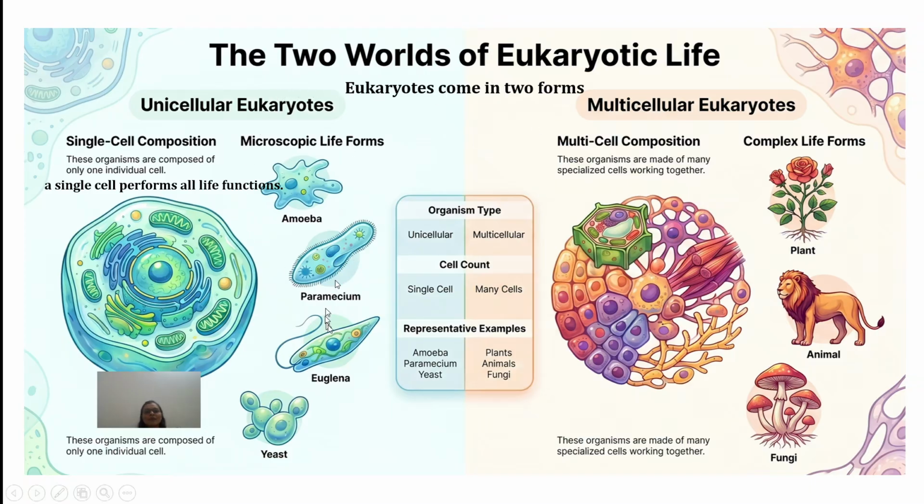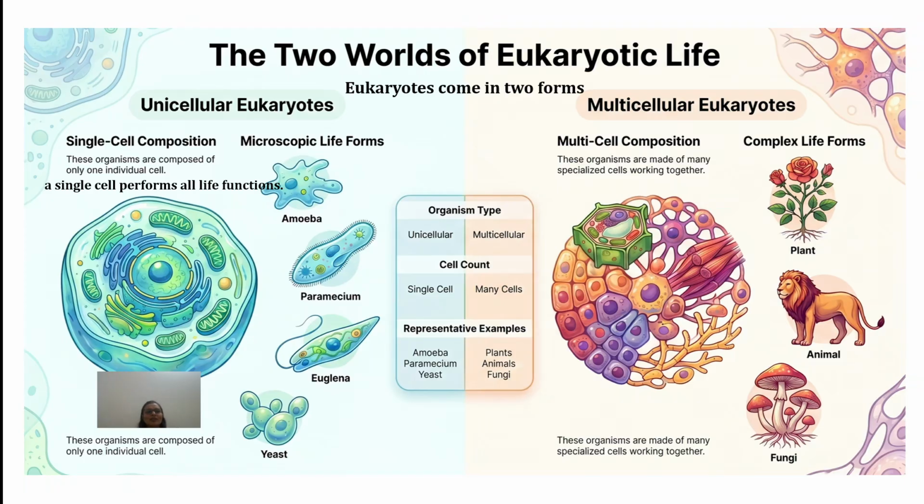So in this image, there are two types of organisms included in eukaryotic life: unicellular organisms as well as multicellular eukaryotes. In unicellular eukaryotes, a single cell performs all the life tasks. Uni means only one cell is present. You can say the body itself is one cell, and all tasks are performed in that one cell.